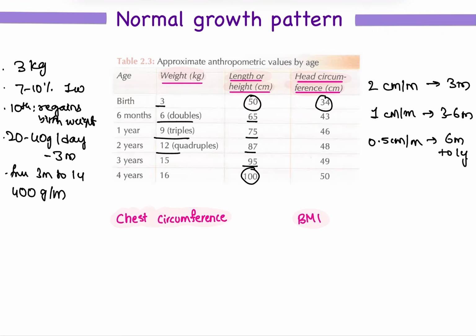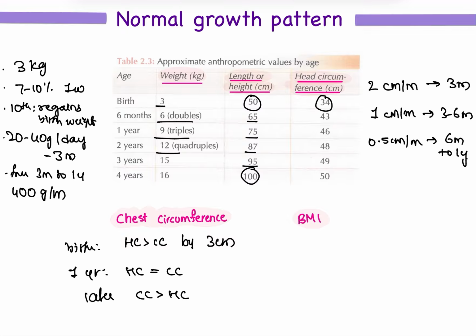Chest circumference. Head circumference is greater than chest circumference at birth by 3 centimeters. By 1 year, head circumference is equal to chest circumference. Later, chest circumference will be more than head circumference.